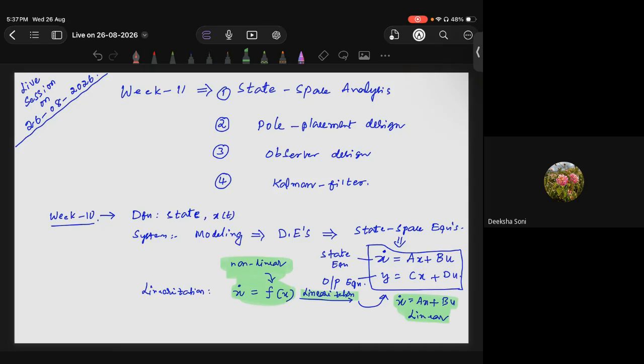In this course we deal with linear state space equations.